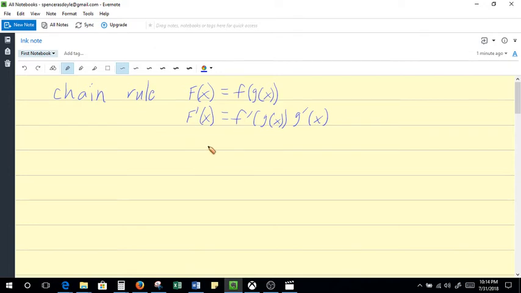So in other words, what we're doing is we're taking the derivative of the outside function, and then we're multiplying by the derivative of the inside function. Right here we're leaving g of x alone, and I'll kind of show you how we're doing that. Some people like to think about it as u substitution, so that's the way we are going to give it a try. So, example, I'll do a quick one right here.